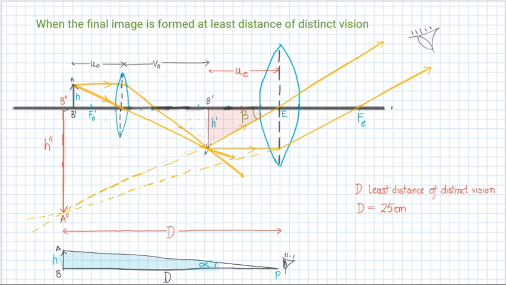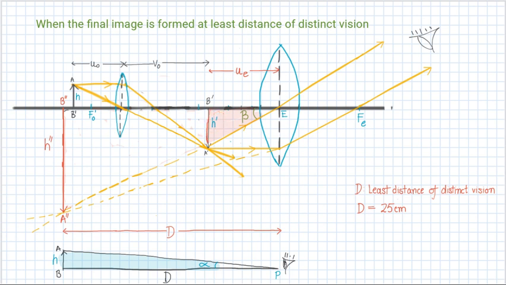Suppose this object AB has height h. This object AB forms a real inverted image A dash B dash. This image has a height h dash.